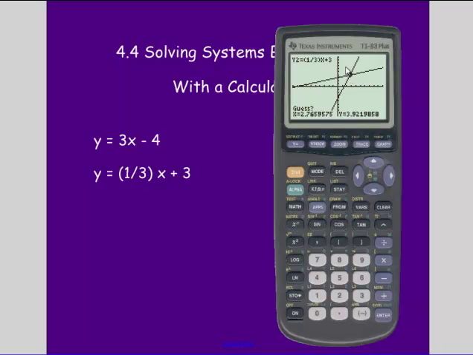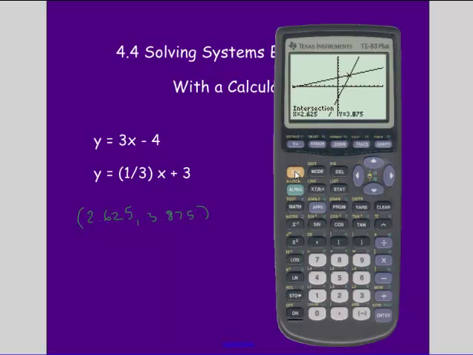So the way I do it is I just get close to the intersection, hit enter 3 times real quick, and then I get answers down here. So 2.625, 3.875, that is my first answer.